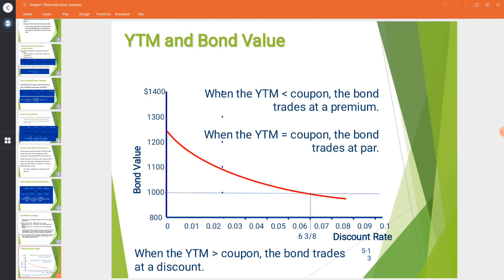The X-axis is a reflection of YTM, the discount rate, and the Y-axis is a reflection of bond value. Give a look. By increasing the discount rate, you could note that there is a drop in the market value of this bond.